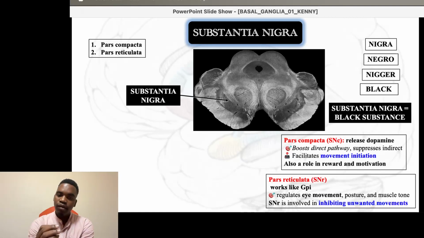It also forms an output gate from the basal ganglia system, and by doing so it also has some role in maintaining movements of the eyes, posture, and muscle tone, but it's also involved in inhibiting unwanted movement.